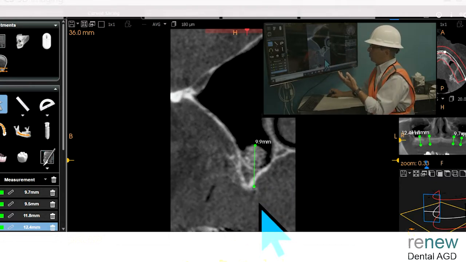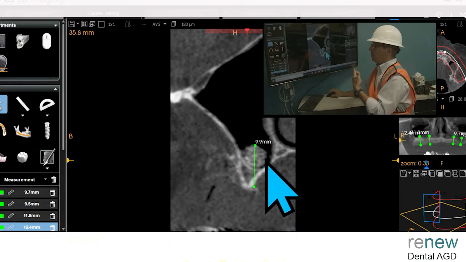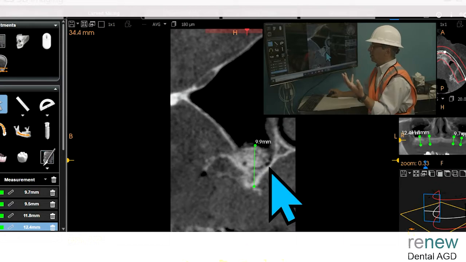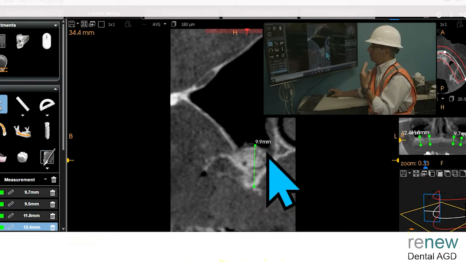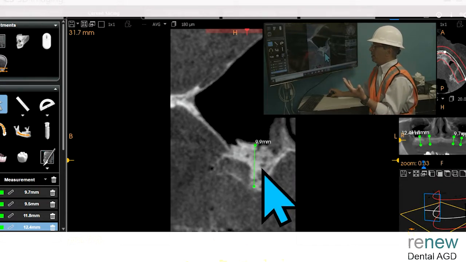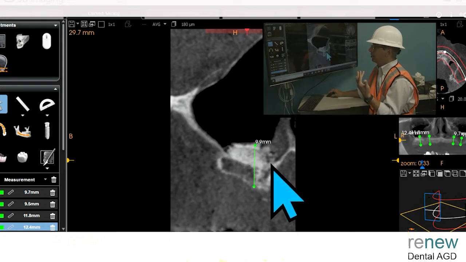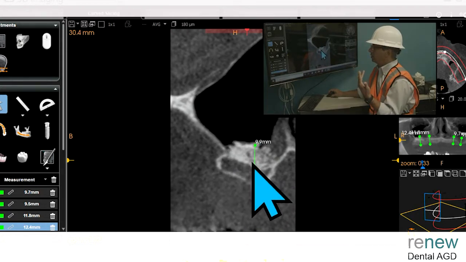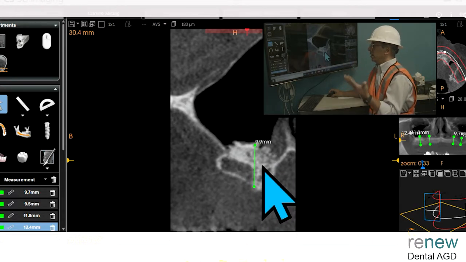So if I scroll through, you can see how the graft is kind of there, but maybe it's not there. That might be granulation tissue. That might be a sign that granulation tissue has just kind of encompassed this graft and has not really matured into native bone. So the only way you know is you have to go in there and try to place the implant in here. So maybe you would put an implant in here because that looks pretty solid. But like I said, you gotta go in.